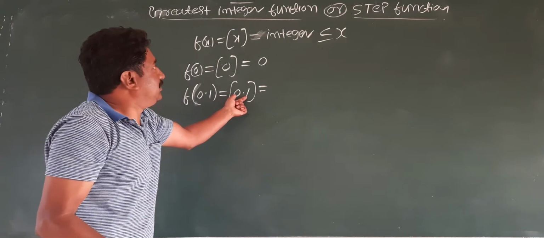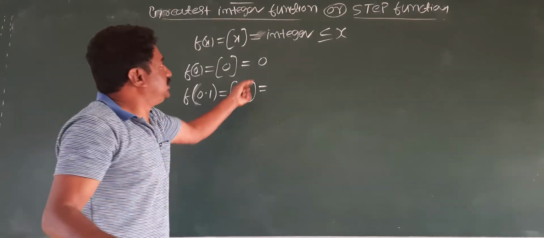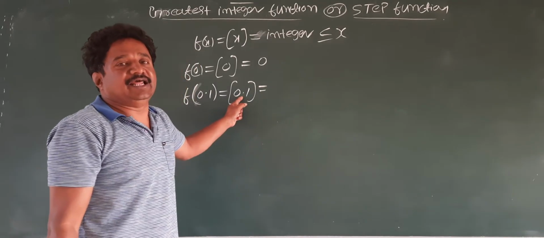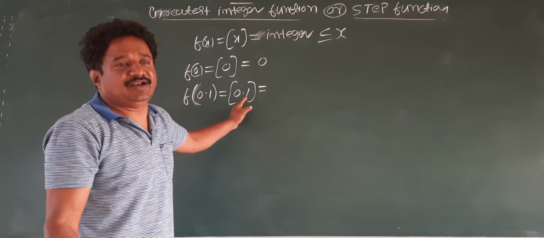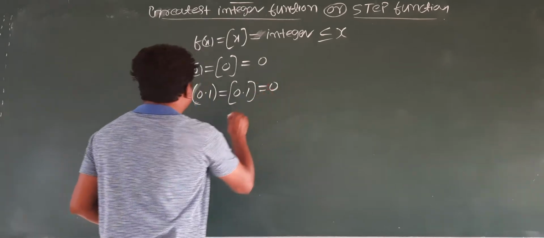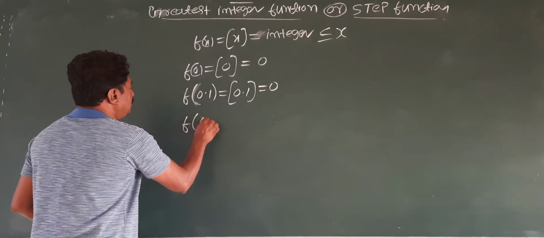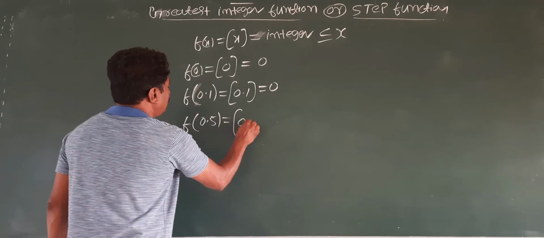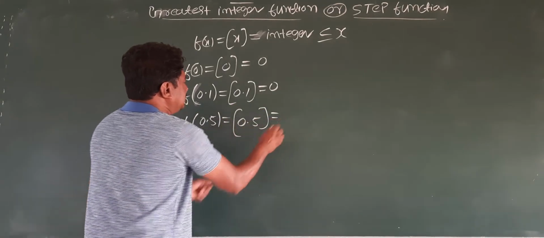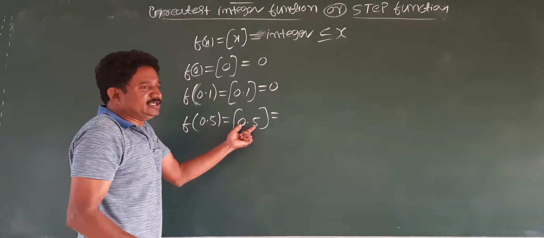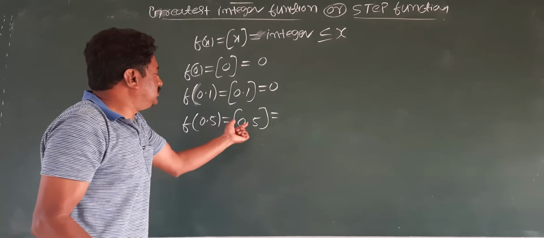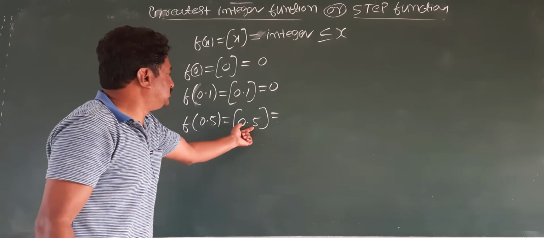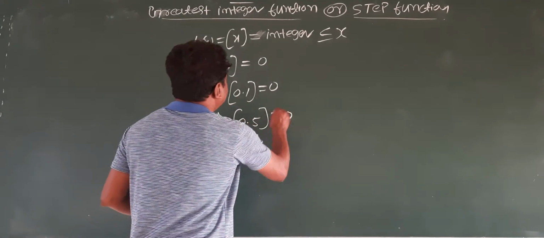If it is a decimal number, you write an integer less than this number. Tell me an integer less than 0.1, it is 0. Next, f of 0.5. Again, this is a decimal number. If it is a decimal number, you write an integer less than this number, it is 0.